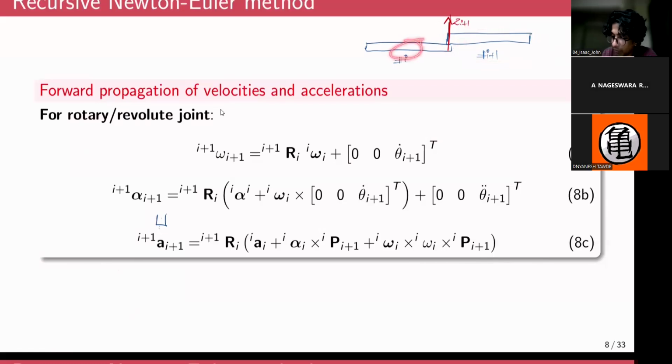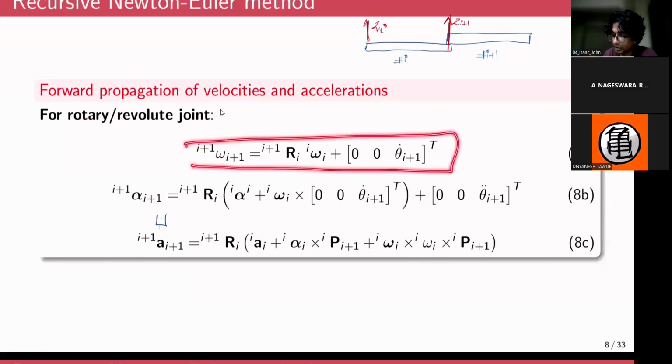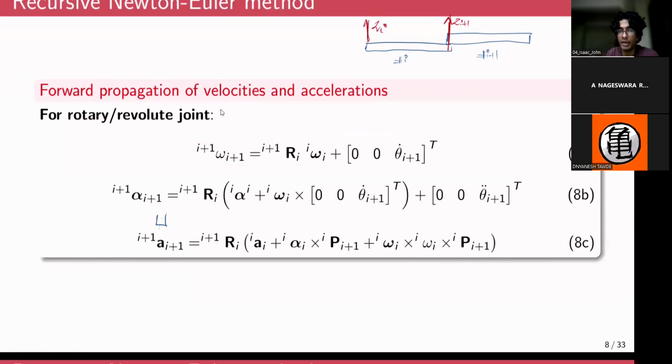And for link I, we would be having the frame over here, Z I. So this equation is nothing but a simple vector addition, right?